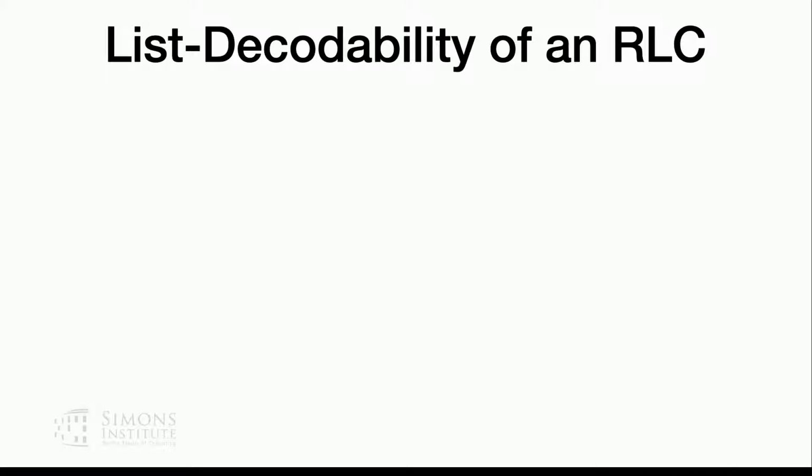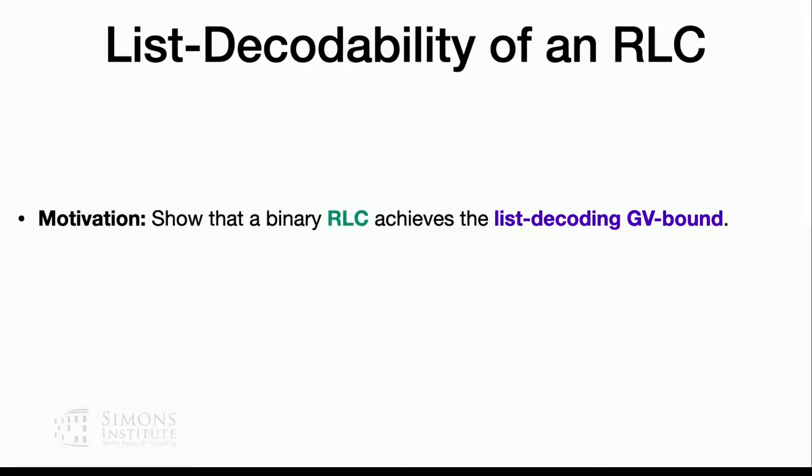Okay. So let's talk about list decodability of a random linear code. Right now we're talking about random linear codes, and our motivation eventually is to talk about other codes such as Reed-Solomon codes using what we're doing right now. But in this part, let's assume that we don't have all the really nice results about list decodability of random linear codes that have been achieved throughout the last 20 or so years.